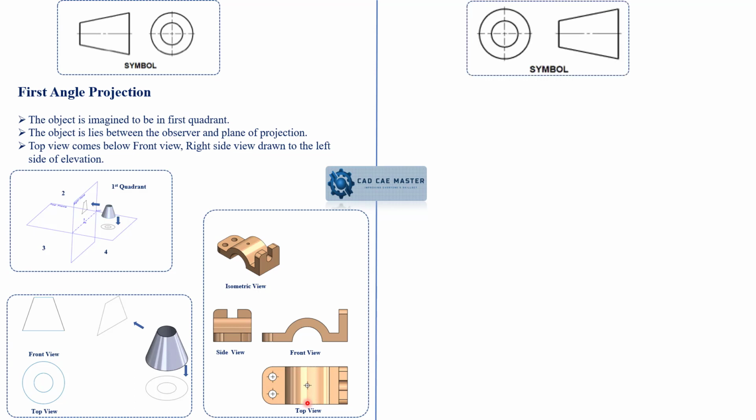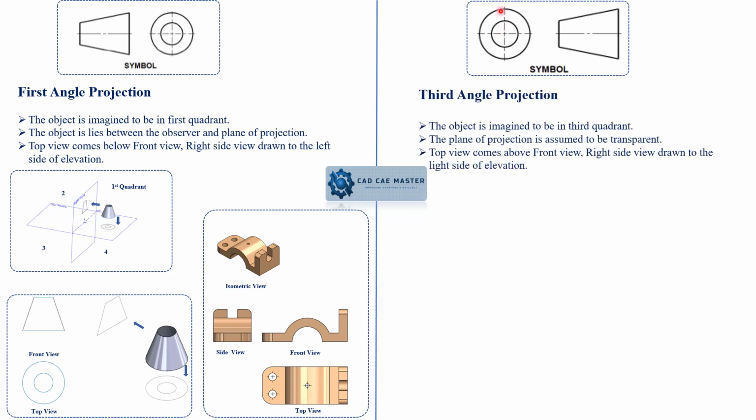Similarly, when it comes to third angle projection, you could see the symbolic representation is this, and first comes the top view and then the front view. Okay, same thing, the object is imagined to be in the third quadrant. As you could see, this is the third quadrant, and now here if you move this one again anti-clockwise, this particular view will lie here, and if you see from the top view first and the front view second.